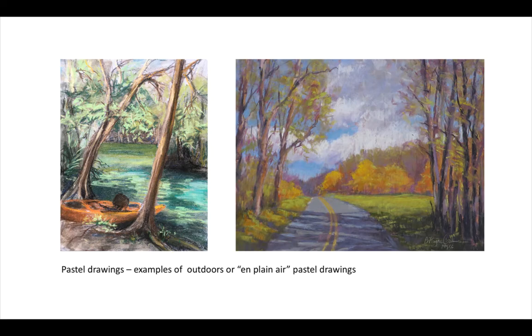Okay, and then here we have two different versions of different landscapes. This is more like a sketch that was drawn on a small piece of paper, toned paper, so the texture is pretty pronounced. And it was just one of the trips, kayak trips to one of the Florida Springs nearby.